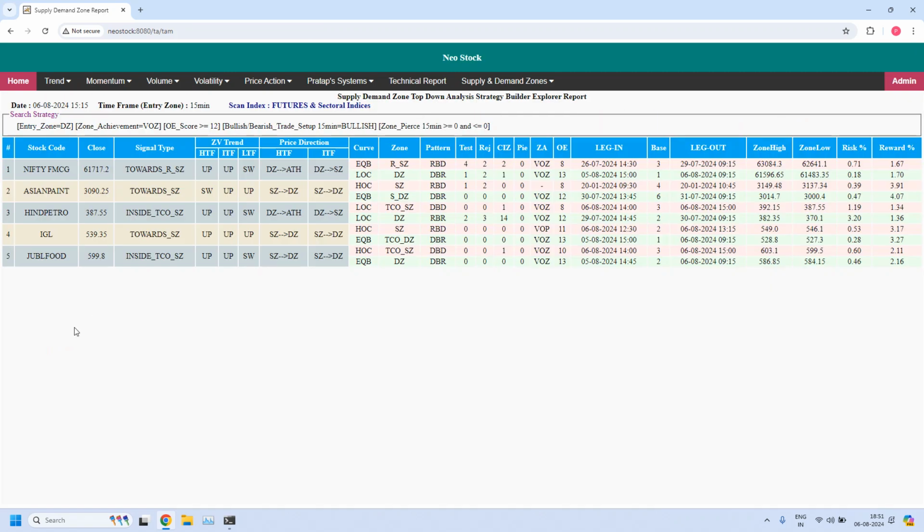Currently they are supporting bullish trade setup for daily income trade. That is, entry time frame is 15 minutes. Now let us check any of these 15-minute zones are having confluence with its ITF time frame. For 15 minutes, ITF is 75 minutes.